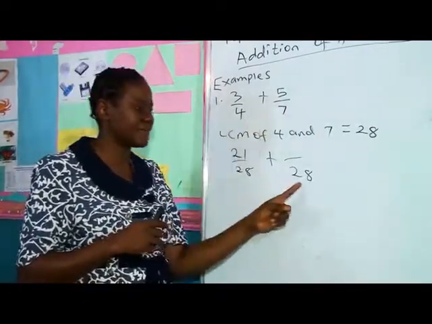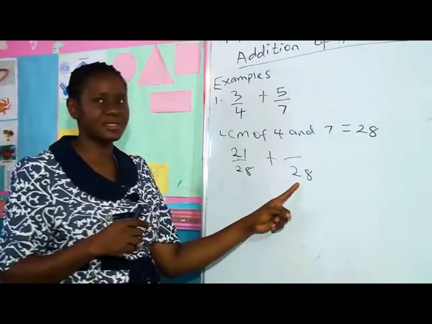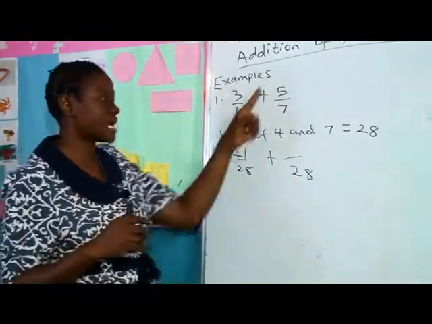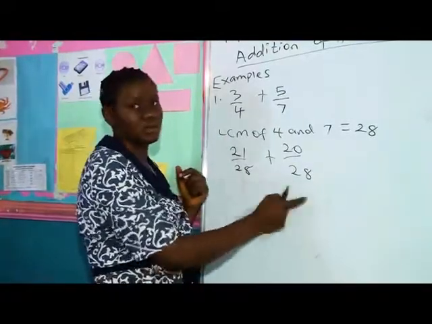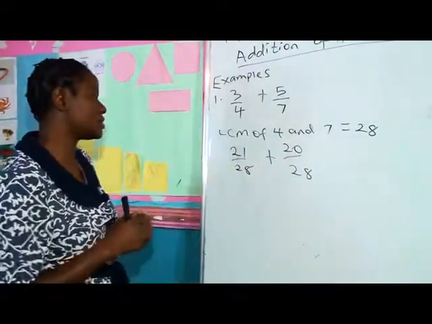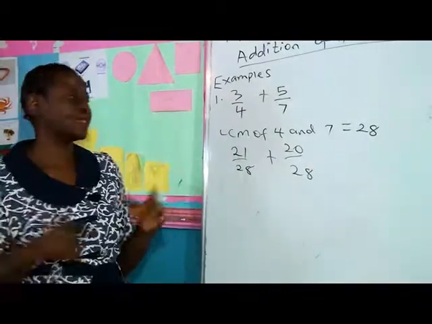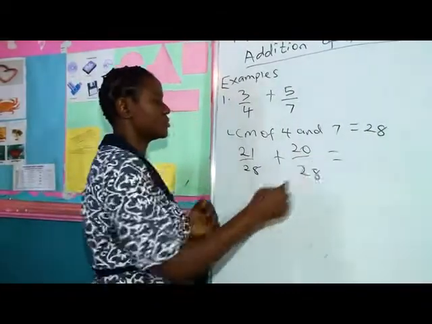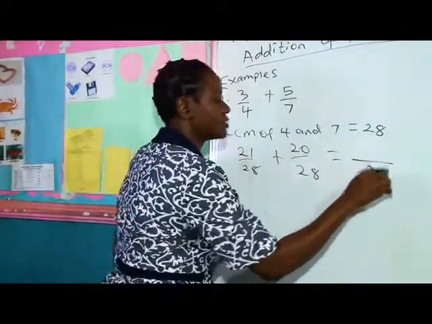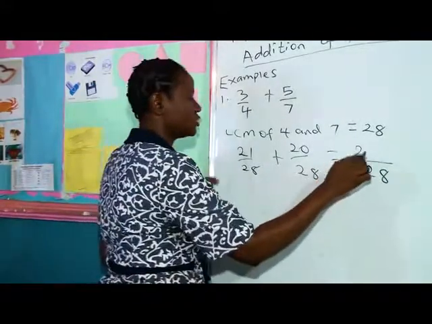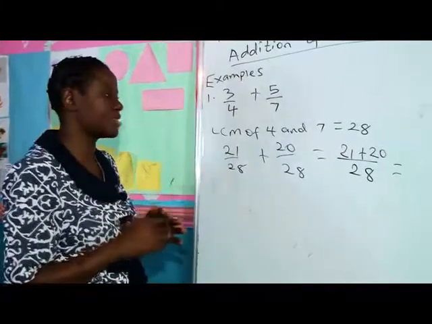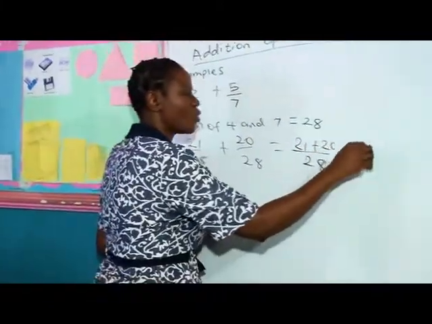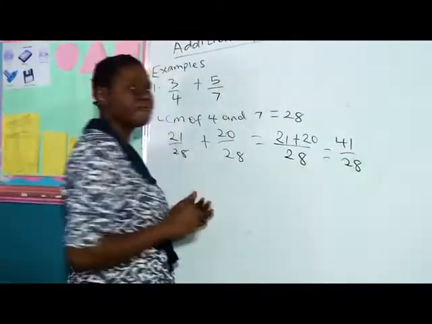How many 7 can I find in 28? 4. 4 times 5, 20. Now they have both the same denominators. We want to add up. 21 plus 20 will give me 41 over 28.